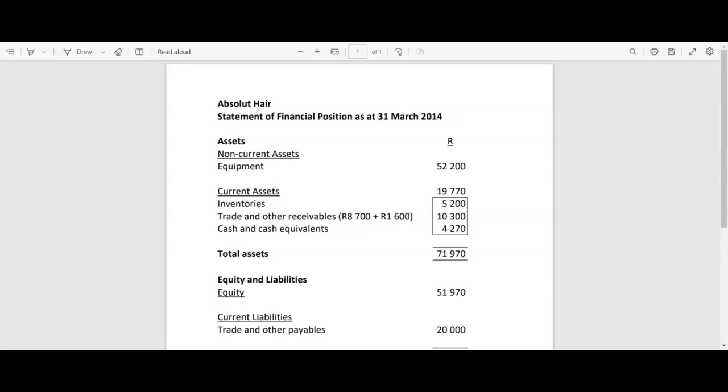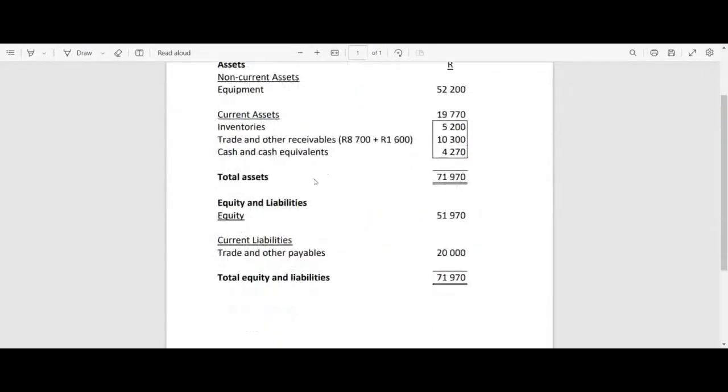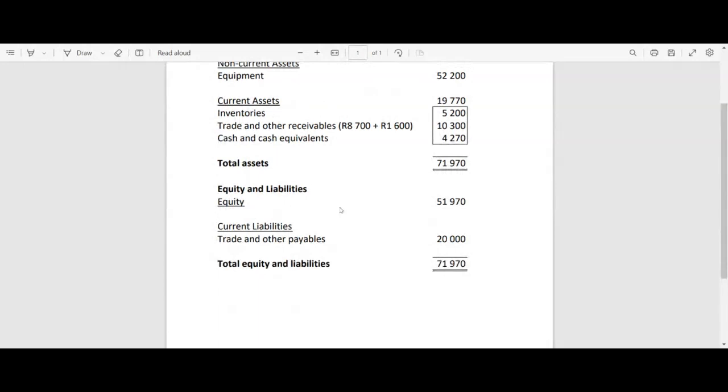If you are going to be using it within 1 year after your financial year end, it means it is a current asset or a current liability. So now let's go and see what it looks like. Let's maybe start with our equity or our capital, ladies and gentlemen.